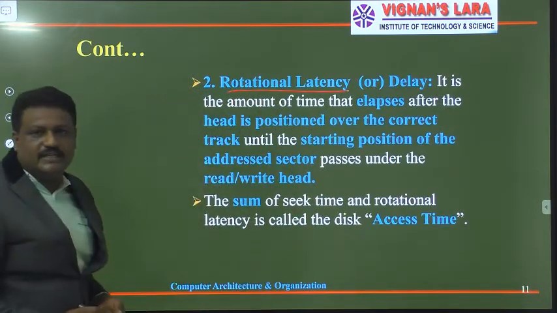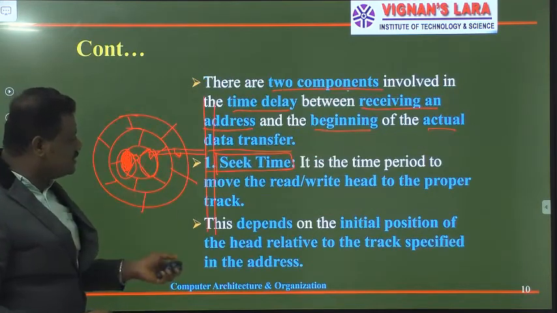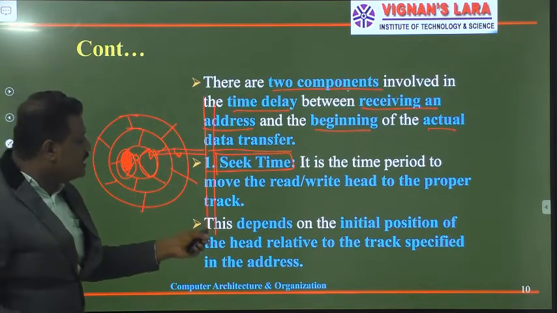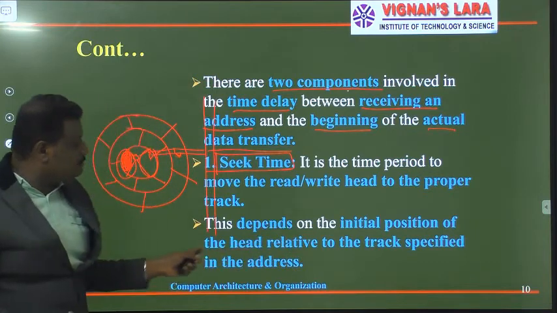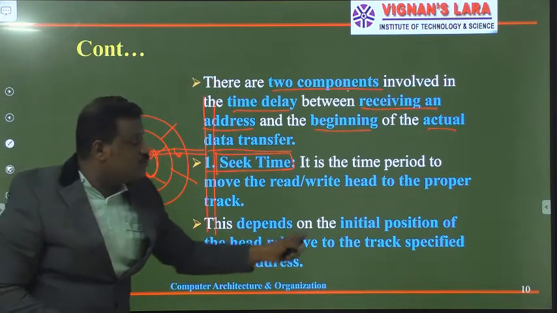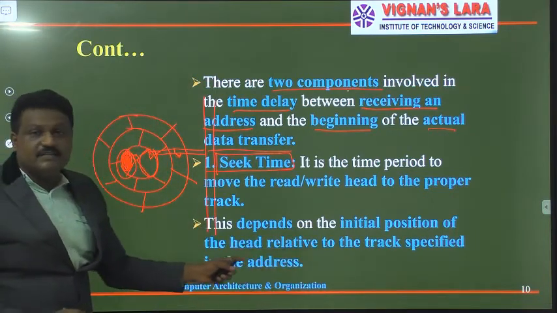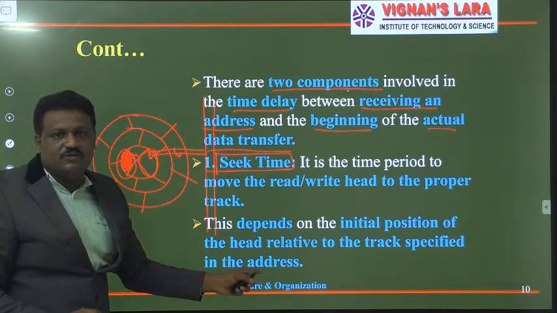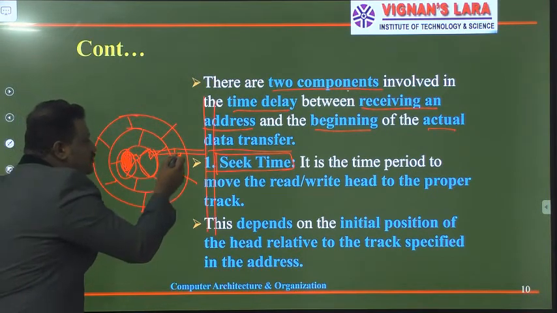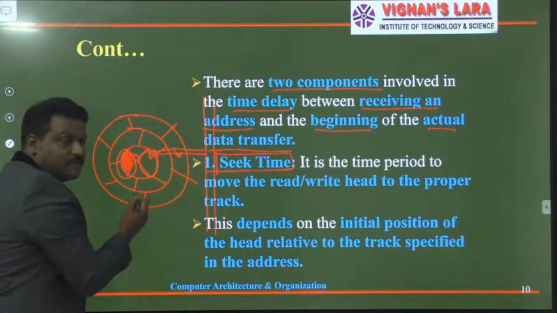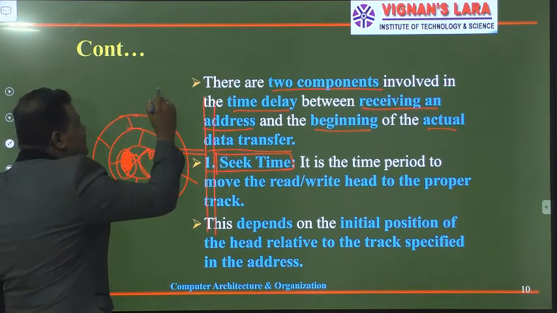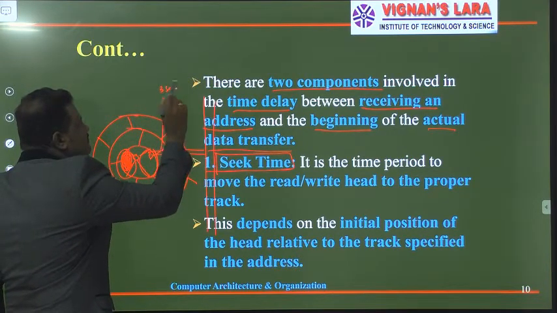or rotational delay. Before discussing this, I would like to add one more point. Seek time depends on the initial position of the head relative to the track specified in the address. Yes, absolutely. For example, if I move the head from this position to this position, your disk system will take some 3 seconds.